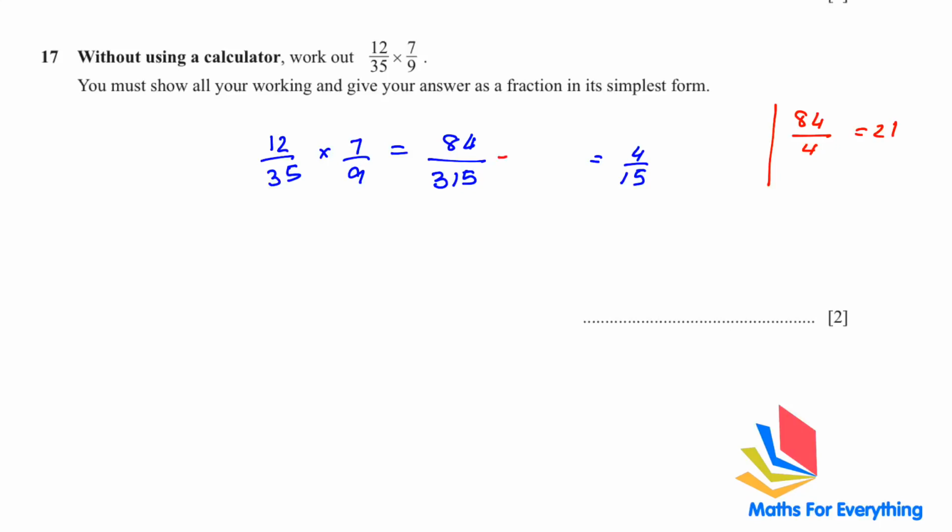So right here, divided by 21. That's it. You don't have to show this work. This is enough. So 84 divided by 21 is 4. 315 divided by 21 will give you 15. The answer is 4 over 15.